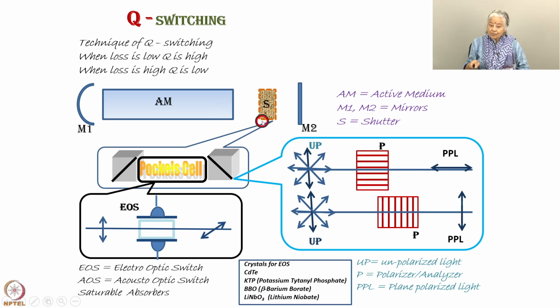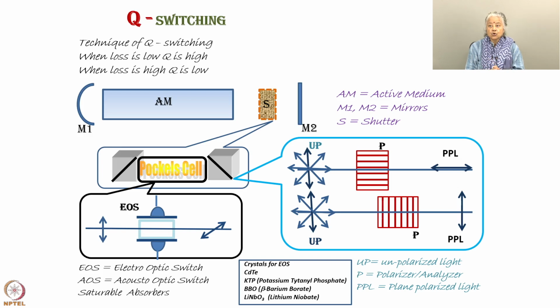The moment you switch off the acousto-optic signal, the grating also disappears in that medium. The moment the grating disappears, the light goes through and comes to this mirror M2. Okay, and then you have the lasing action. So, basically that is another method of switching on and off, another kind of shutter.